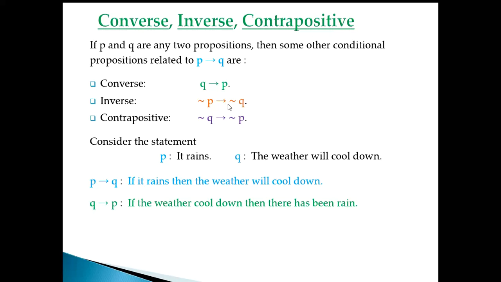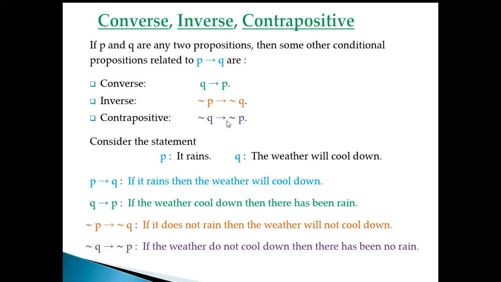Now, how can we write the inverse? The inverse is: if it does not rain, then the weather will not cool down. Negation of P implies negation of Q. Next, the contrapositive is negation of Q implies negation of P. So if the weather does not cool down, then there has been no rain, right?